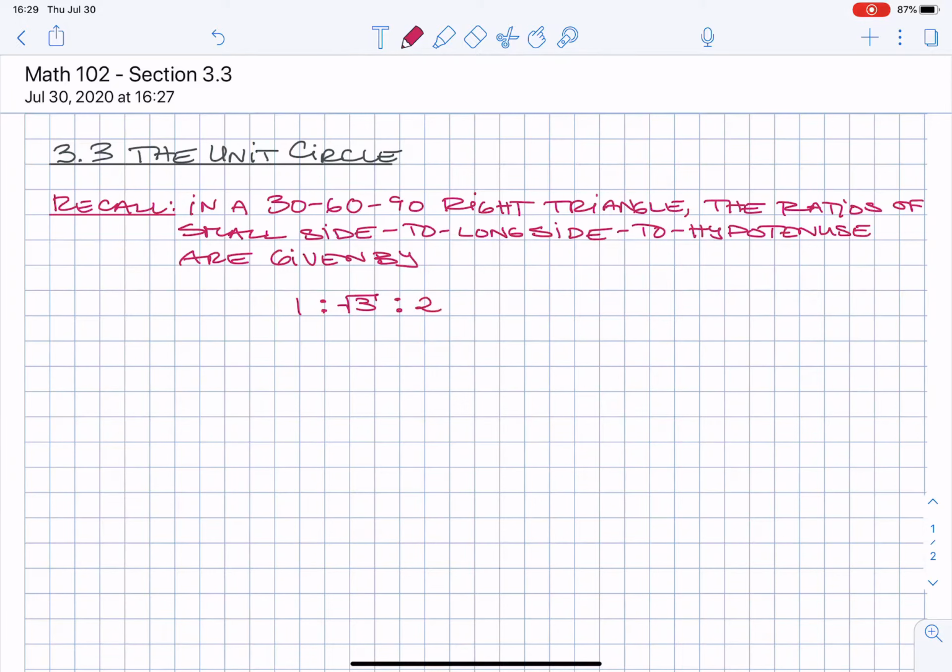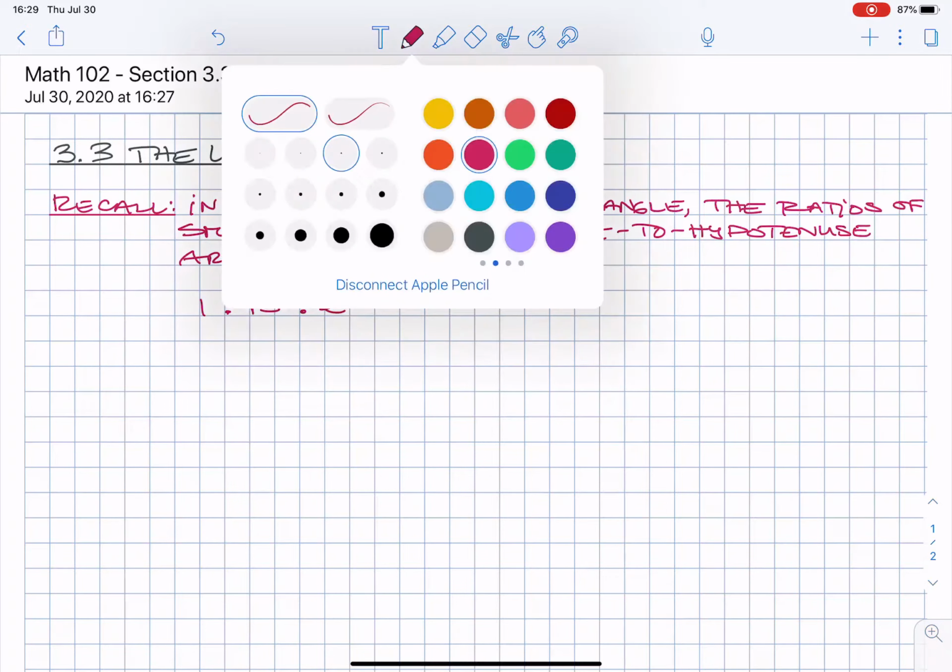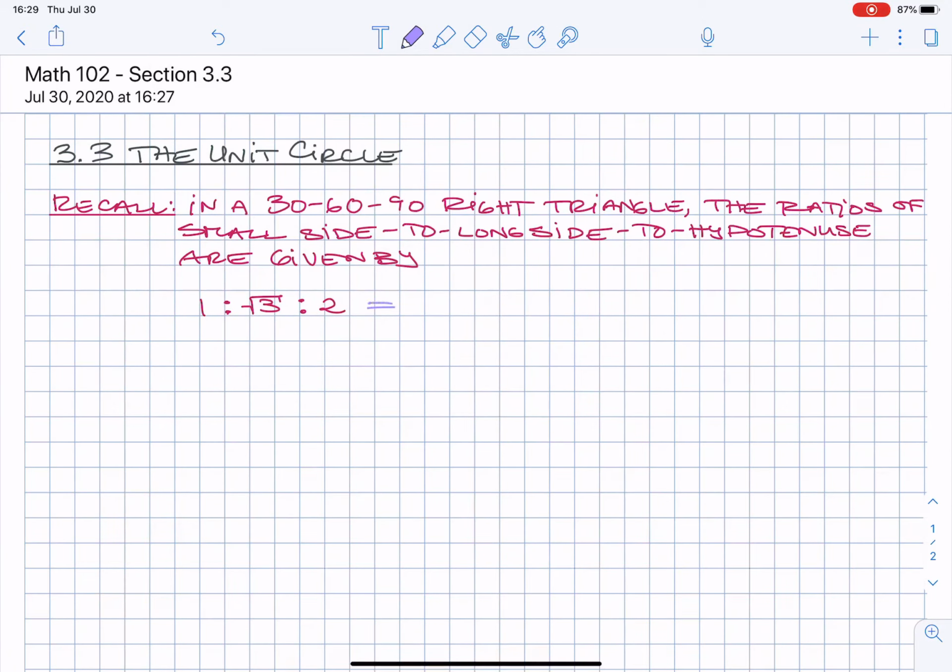Remember that? So what I'm going to do is take this ratio, copy it and paste it. And what I'm going to do to each of these is divide each side by 2, because I want my hypotenuse to be 1.